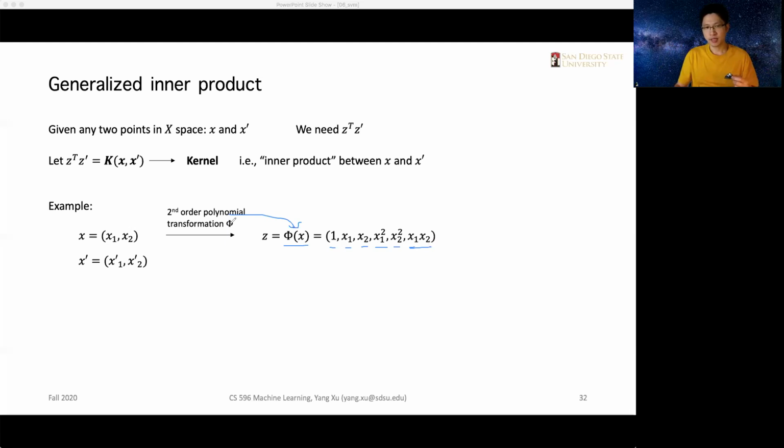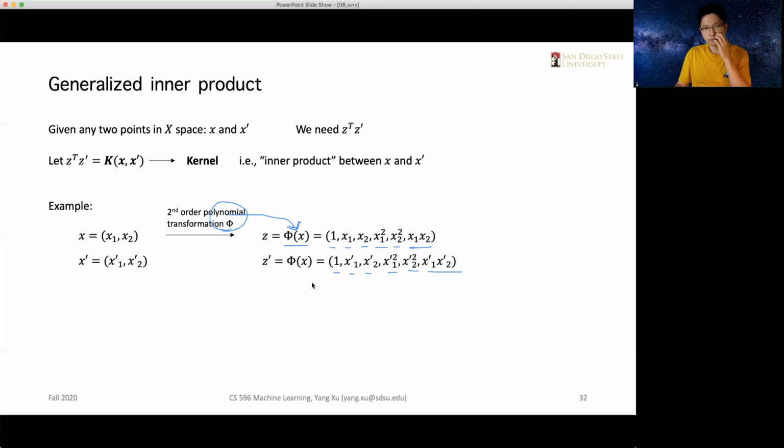Okay, so that's the Z that we know here. And Z prime is also 6 dimensional. So that's the result after we know that it is a polynomial transform phi.